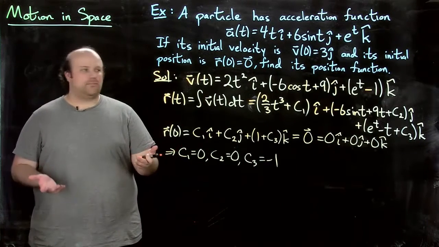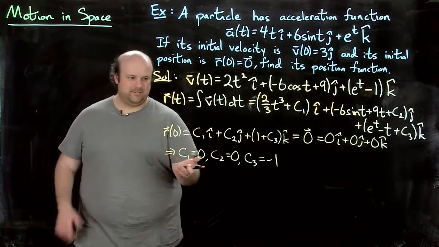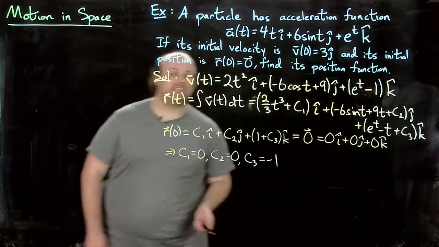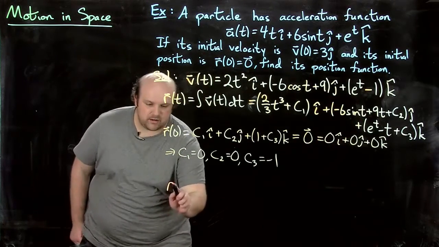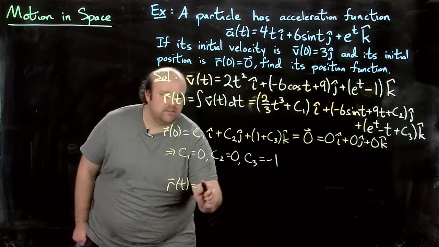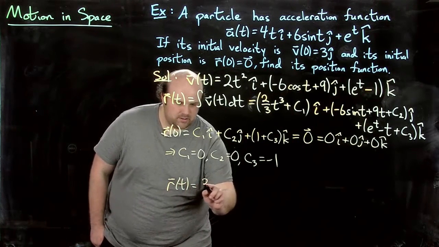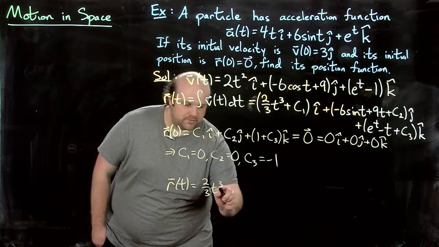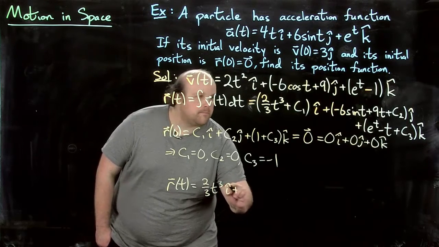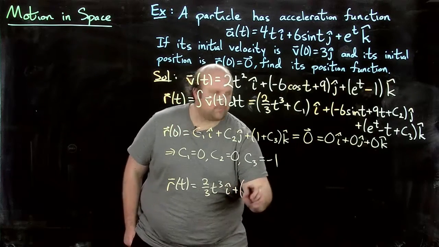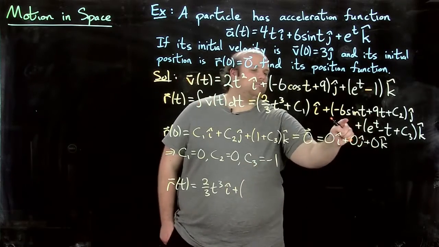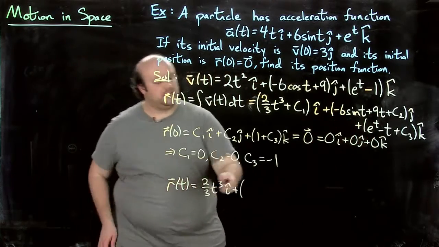So this time we don't make a mistake when we're plugging in the c1, c2, and c3 to get our position function, r of t. Well, this will just be 2/3 t cubed i plus, I'm going to flip these around so the one with the plus sign is in front.